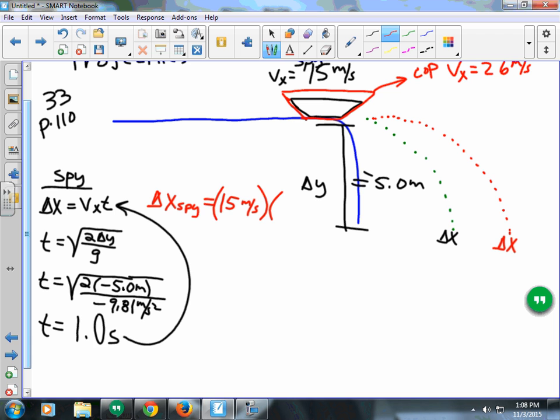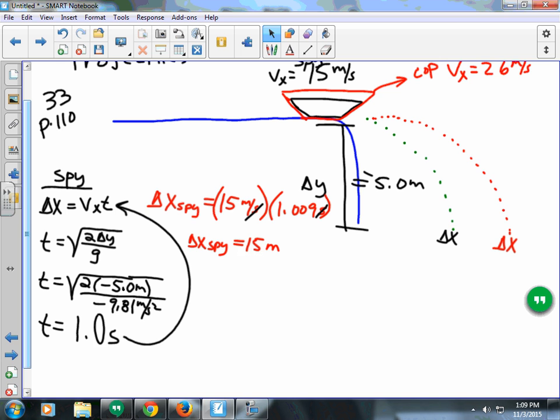I think we'll be okay on this one. Just to show y'all, we'll do that. All right, seconds are going to cancel. 15.135. So to 2 sig figs, 15. Delta X for the pi is 15 meters, right?